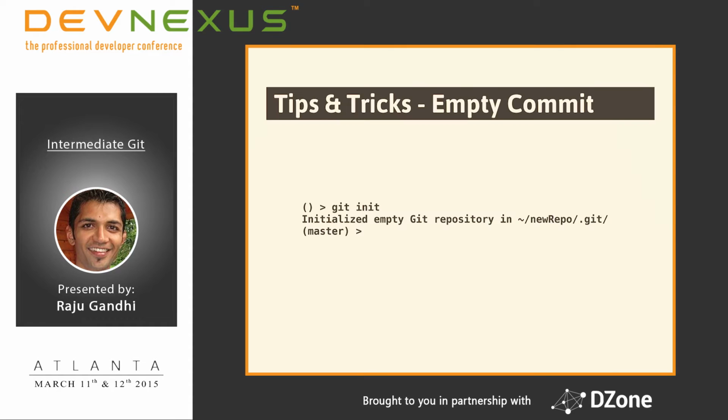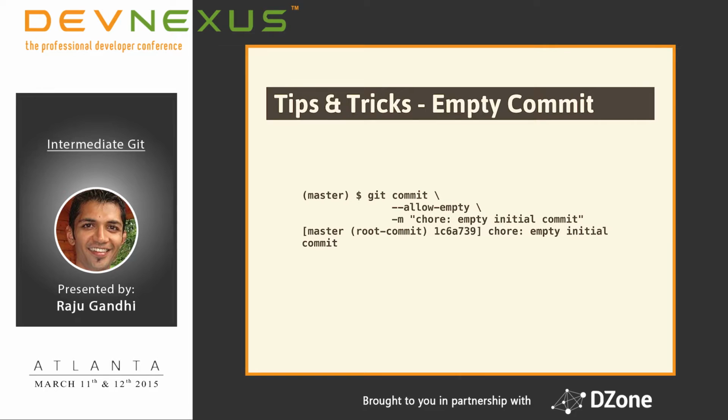Instead, here's what I do. I do a git commit. I'm not adding any files. I'm not doing anything. All I do is a git commit, allow empty, with some message.